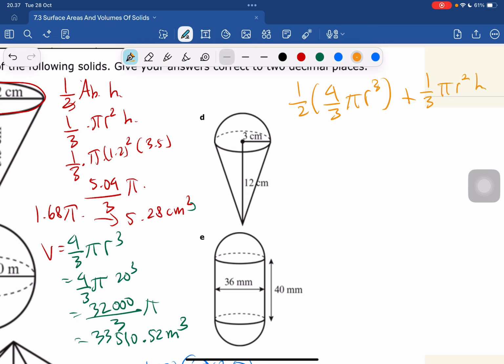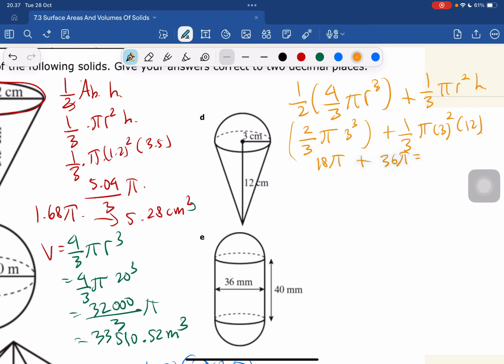So this is going to be 2/3 pi r squared, which means 3 to the power of 3, plus 1/3 pi r squared times 12. R squared we know is 3, so 3 squared is 9. So this is 18 pi plus 3 times 12, so 36 pi.